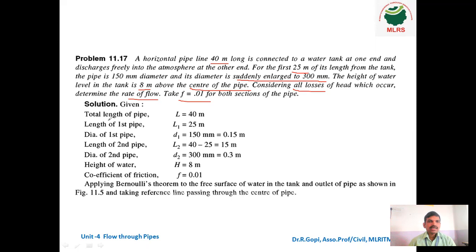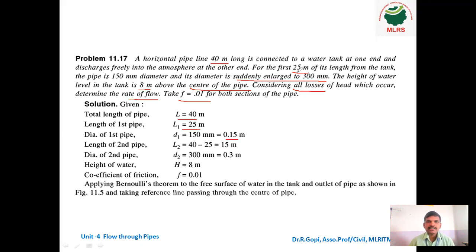Okay, so now let us see the total length of the pipe. How much? 40 meter. Length of the first pipe is 25 meter and the diameter of the first pipe D1 is 0.15 meter. Length of the second pipe is not given in the question, but indirectly it is given.